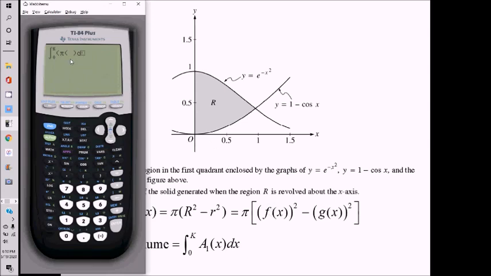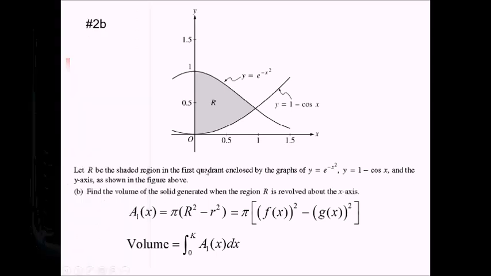So in this case, the f function, that was y1, so I'm going to do alpha trace y1, and I'm just going to square that, minus, now I need y2 squared, because that's where I stored the g function. So alpha trace y2, square that. Don't forget to close your parentheses that you opened, because you're distributing that pi in there. And then let me put a dx over there, press enter, and that's about 1.747 if I round that off.